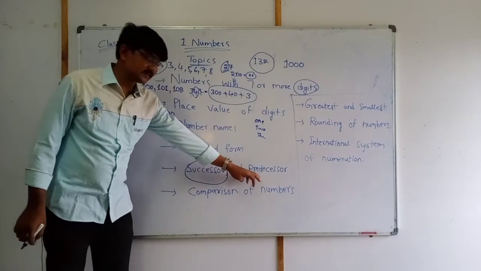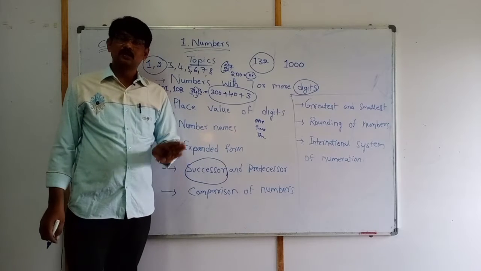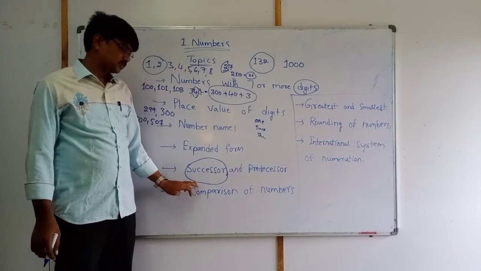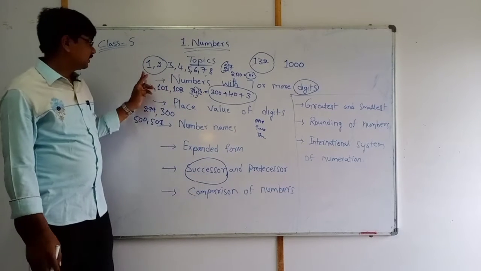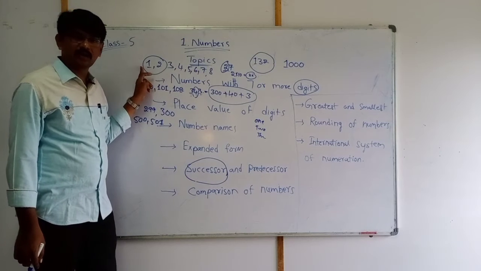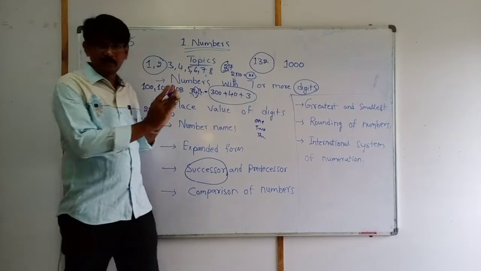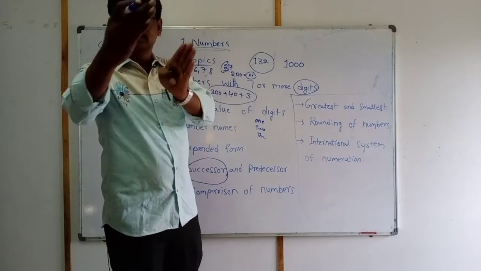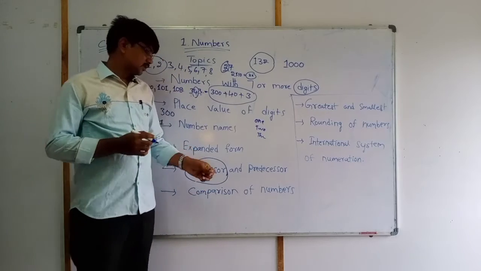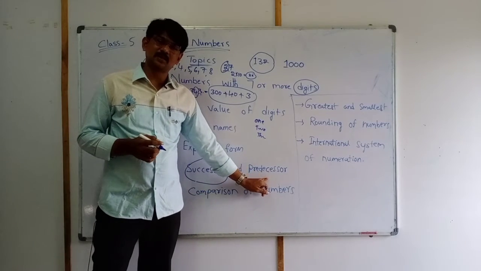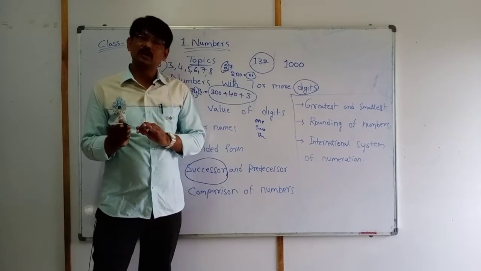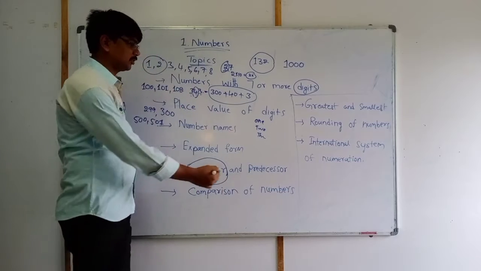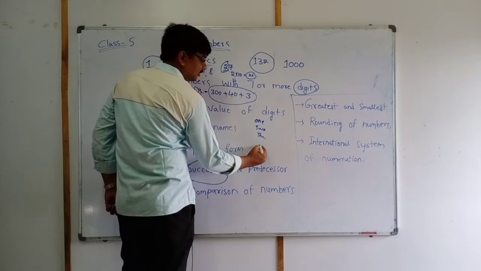Next, predecessor. Predecessor is opposite to successor. In the matter of successor, one number increases. In the matter of predecessor, one number decreases. Example, 10 is here.